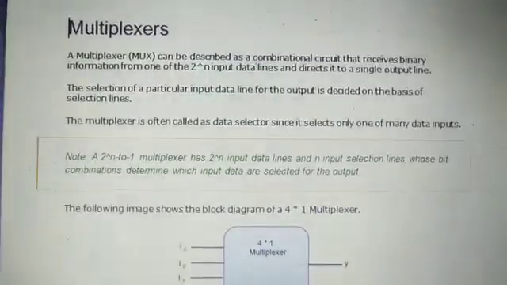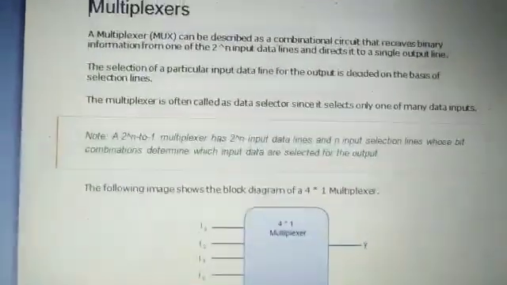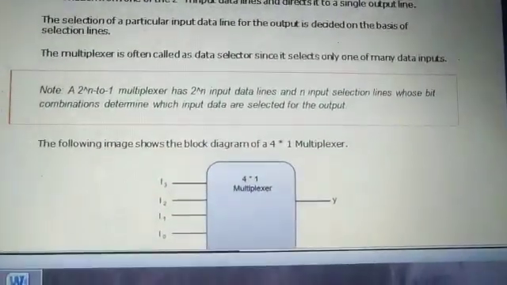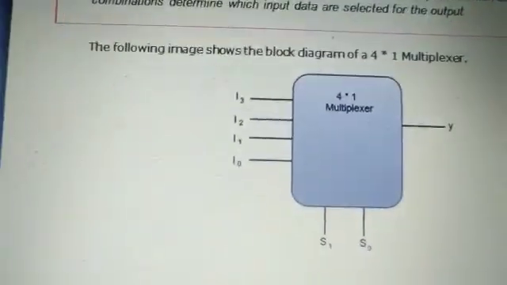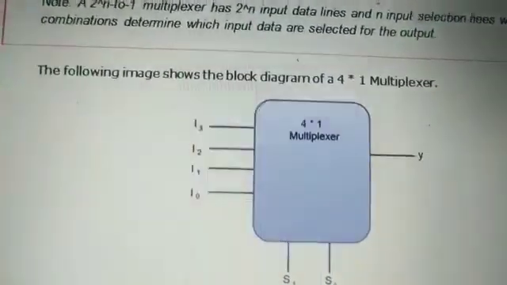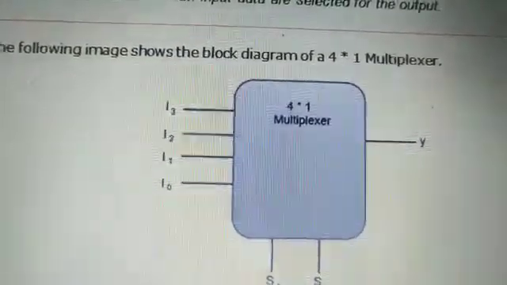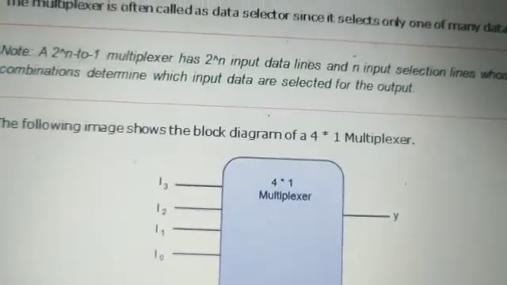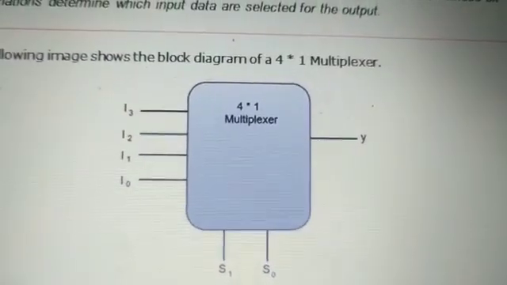The multiplexer has several data input lines and a single output line. If you see the block diagram, then it is clear to you that I3, I2, I1, I0 are four inputs, and Y is the final output.